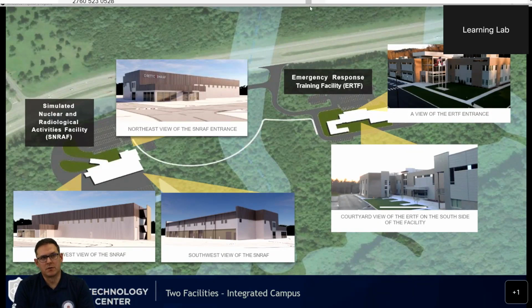Beyond these two buildings, we already have plans in place for other additional spaces to round out our training capabilities, anything from shoot houses to cyber test ranges to rubble pits and fire towers to engage our trainees appropriately.